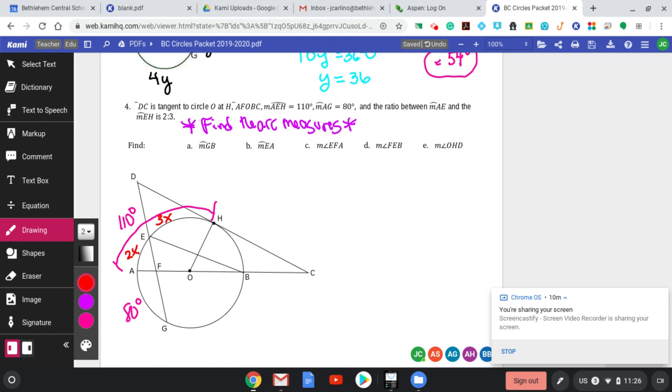Well, let's start with AEH. It's 2x and 3x, and they add up to 110. So first thing I'm going to do is I'm going to say, all right, 2x plus 3x equals 110. 5x equals 110. So x is going to be equal to 22.